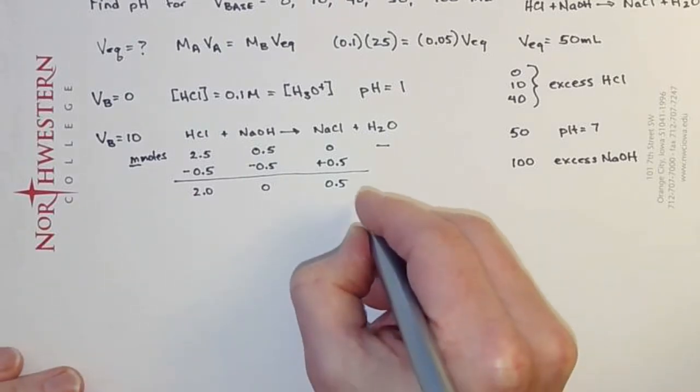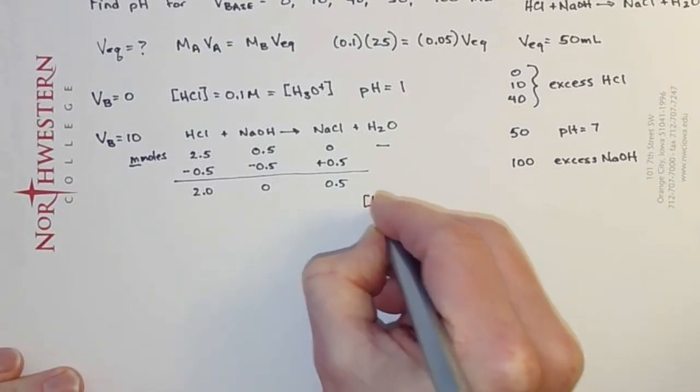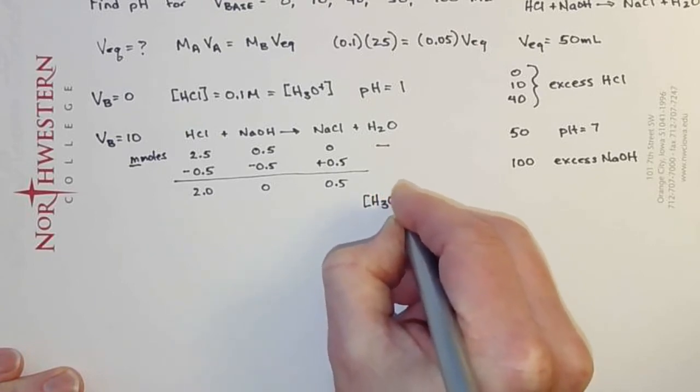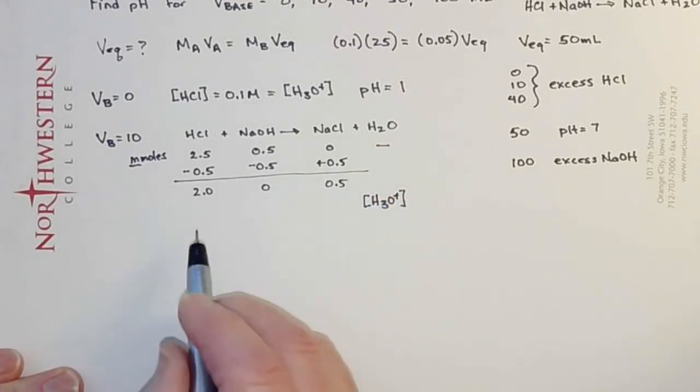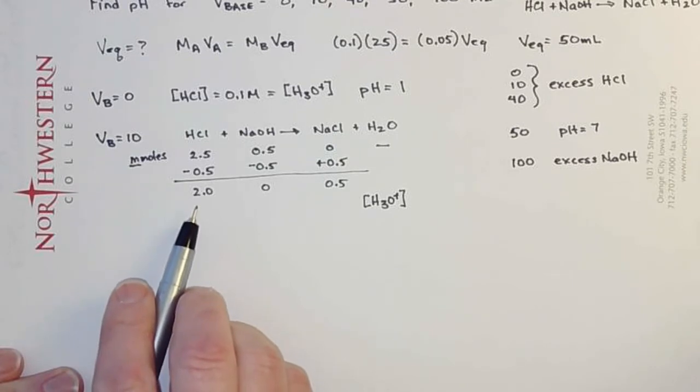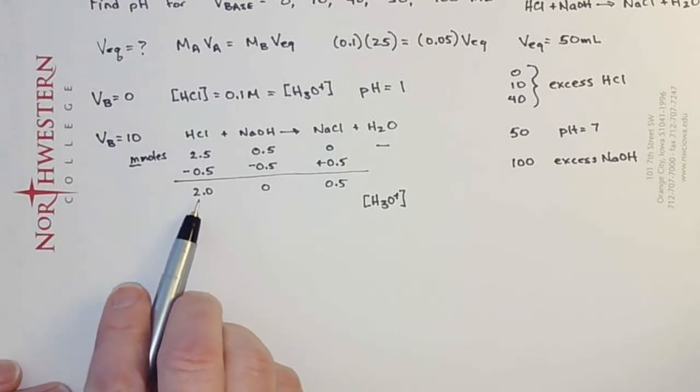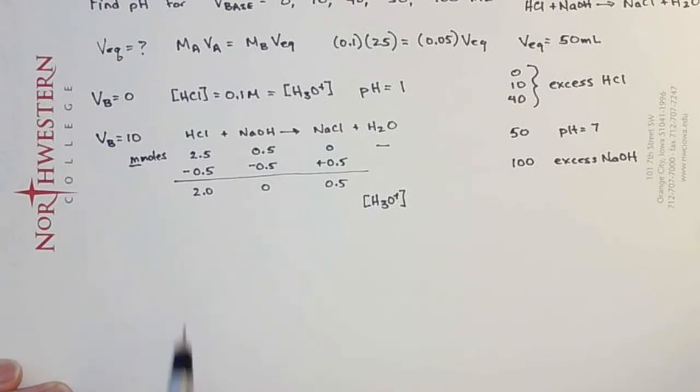Our H3O plus concentration is going to be equal to the concentration of HCl. If we took this number of millimoles and divided it by the total volume, we could get the H3O plus concentration and the pH from that.